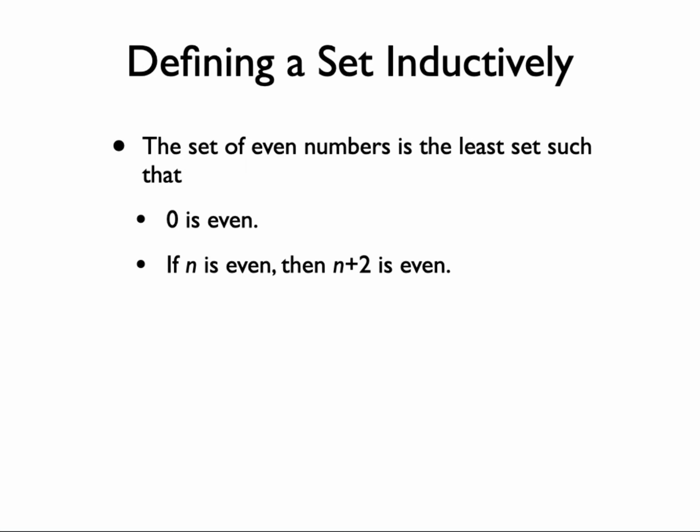So here, the set of even numbers could be defined, this is not usually how you define the set of even numbers, but never mind, as saying 0 is even, and if n is even, then so is n plus 2. I guess to be precise, this is the set of even natural numbers, because there are no negative numbers here. And of course, the negative numbers can in fact be even.